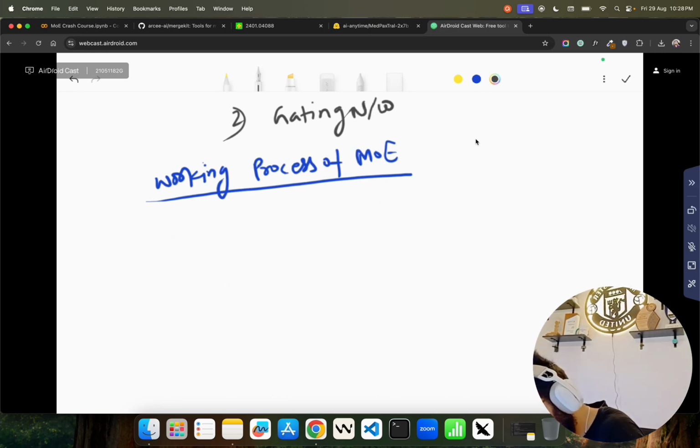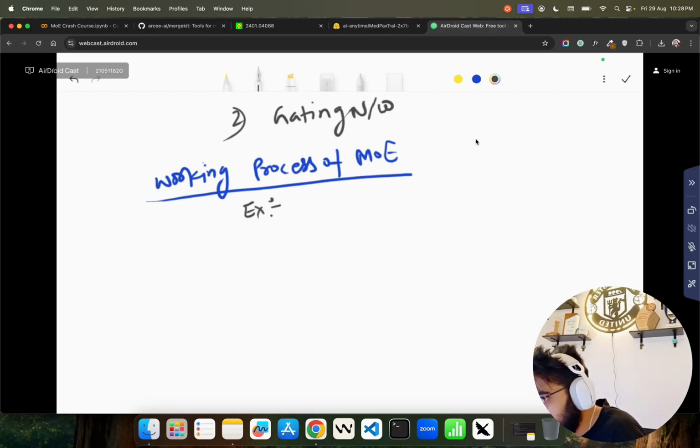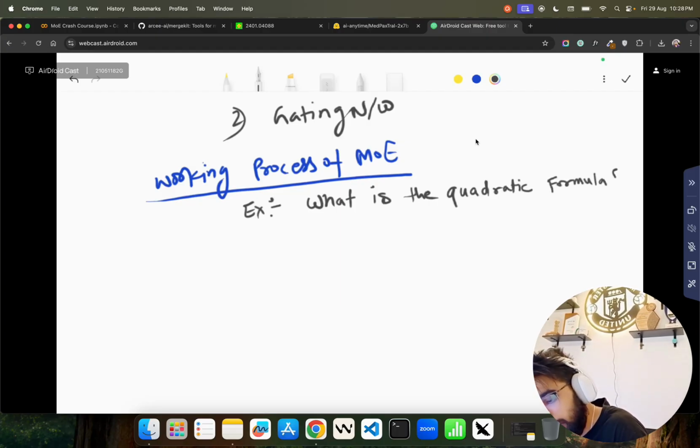I'm just writing the example here, and this is going to be my input. Let's say you have built a chatbot, and you will have an example. Let's say I'm asking a math question here, so that will be easier for me to explain: what is the quadratic formula?